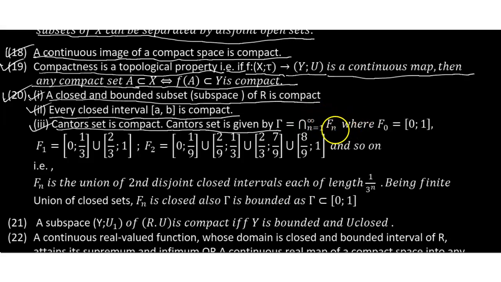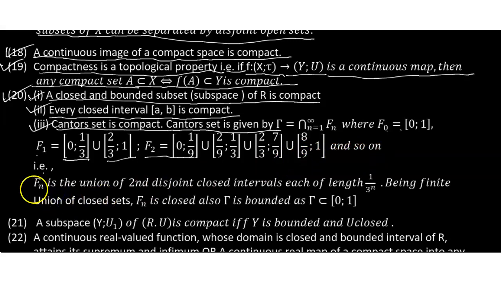Here n is the index, where F_0 is equal to [0, 1], F_1 is equal to [0, 1/3] union [2/3, 1], F_2 is equal to [0, 1/9] union [2/9, 1/3] union [2/3, 7/9] union [8/9, 1], and so on.